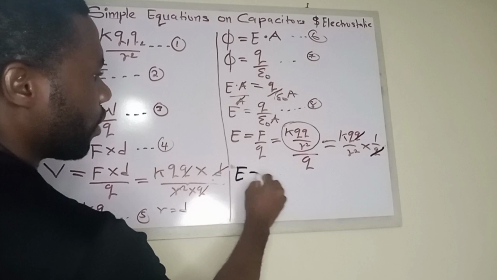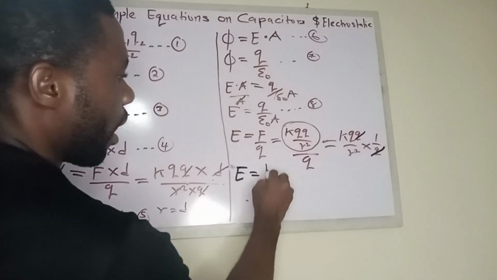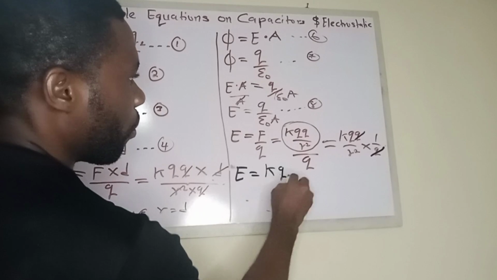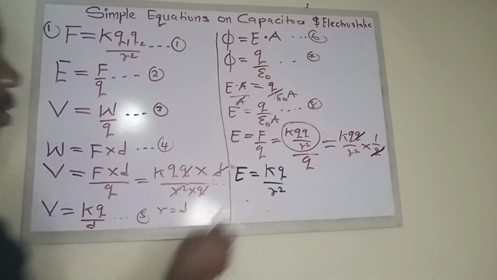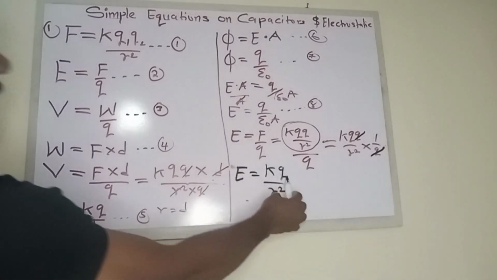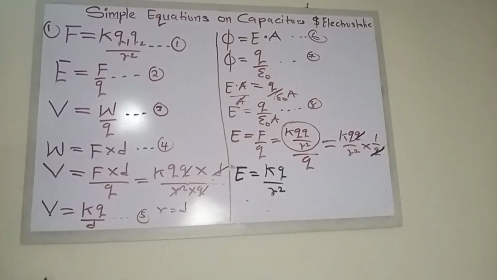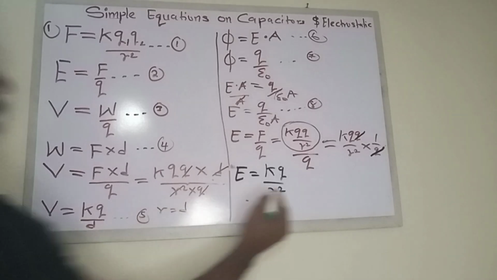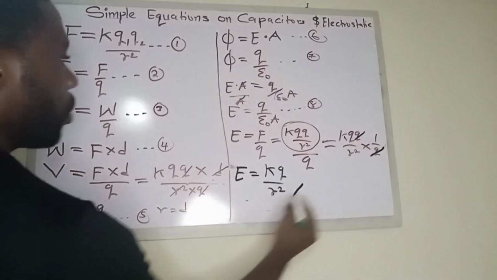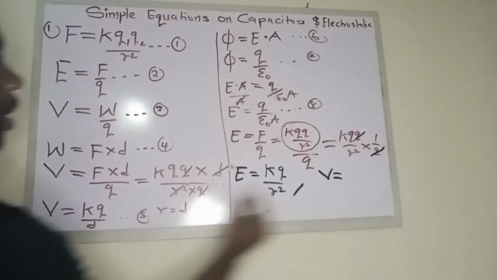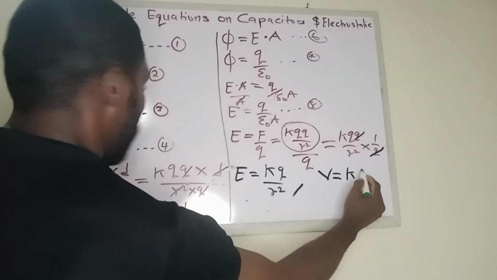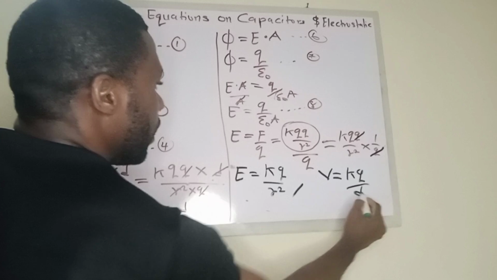We have E is equal to KQ over R squared. That means our constant multiplied by the charge, divided by R squared. So V, let's keep this aside. We have our equation to be V is equal to KQ over D.